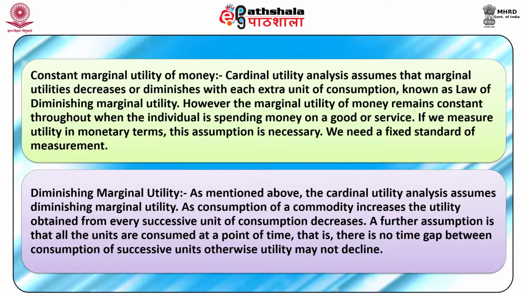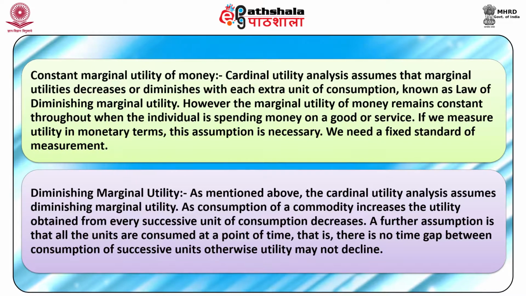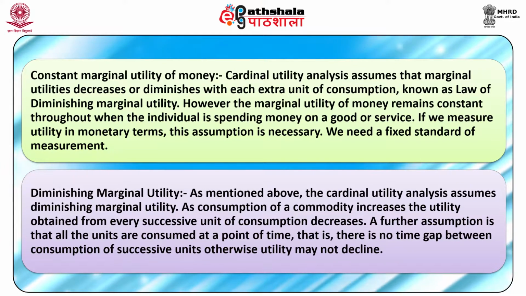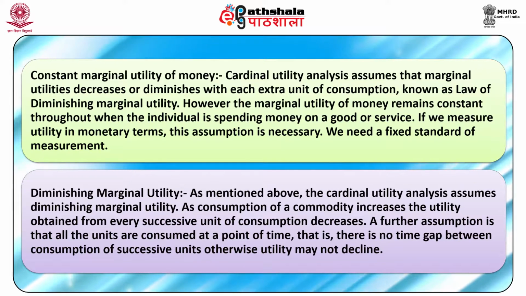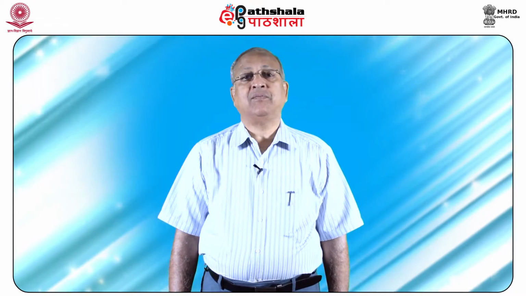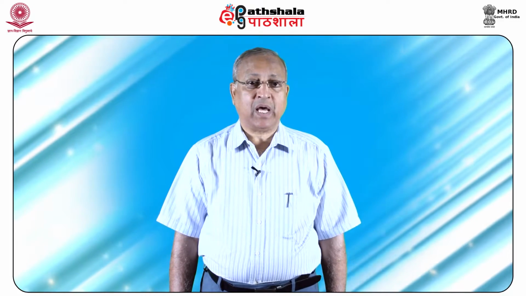A further assumption is that all the units are consumed at a given point of time. That is, there is no time gap between the consumption of successive units. Otherwise, the utility may in fact not decline. So now you realize the importance of the assumption of consuming at a point of time.